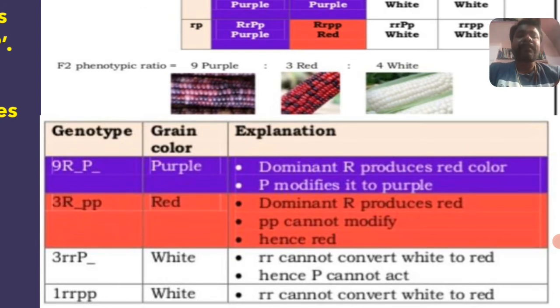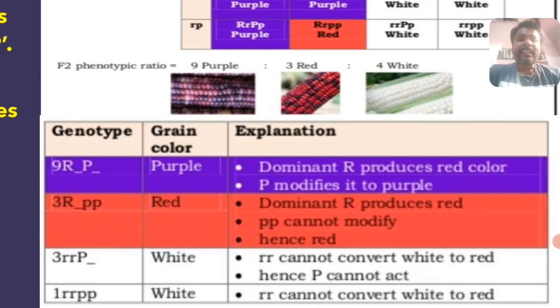Then 3 of them have capital R, which is common, but small p is present. Dominant R produces the red, and small p cannot modify it, hence the color is red here. Is it clear? Then 3 of them are small r capital P. Small r cannot convert white to red, so P cannot act here, hence the color is white.